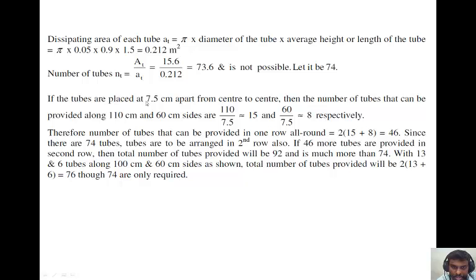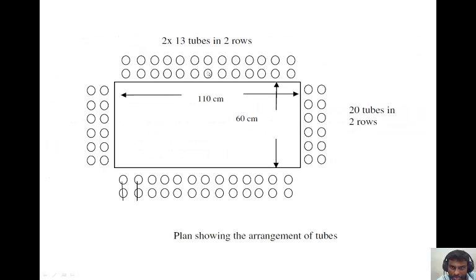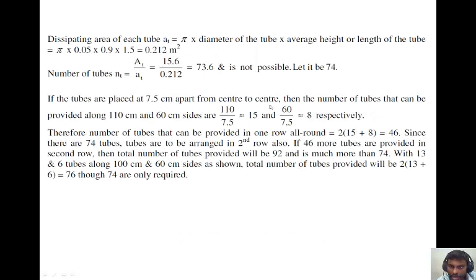So if I place these tubes each 7.5 centimeters apart from center to center, then the number of tubes that can be provided along 110 centimeter is 110 divided by 7.5, that is approximately 15, and 60 divided by 7.5 is approximately 8.